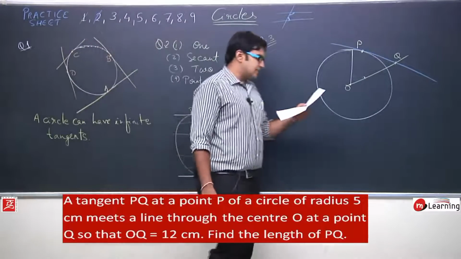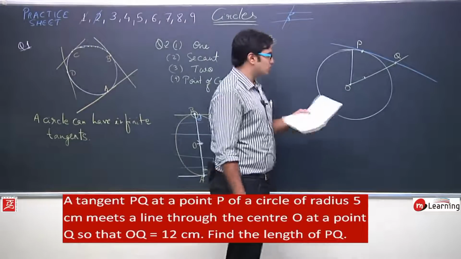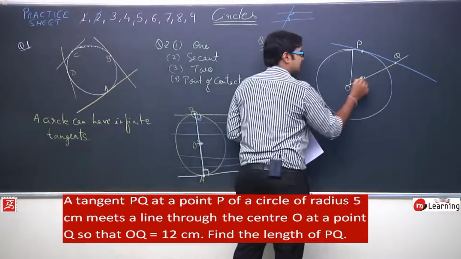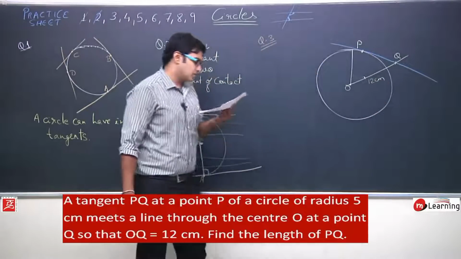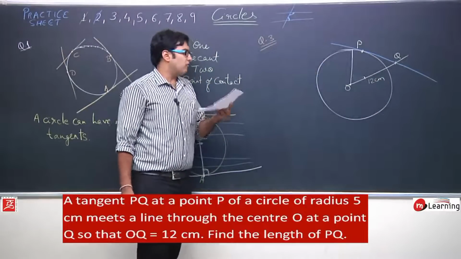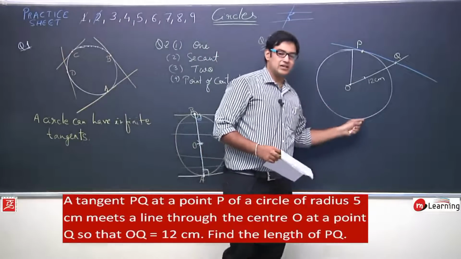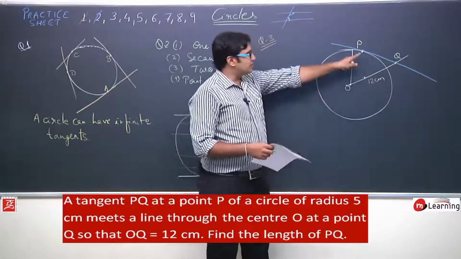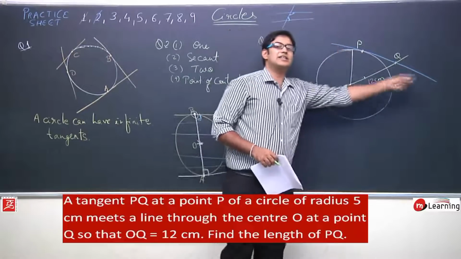Then it says the length of OQ is 12 centimeters. Find the length of PQ. So what is given is that there is a circle with center O. There is a point P on the circle, and from this point I have drawn a tangent.